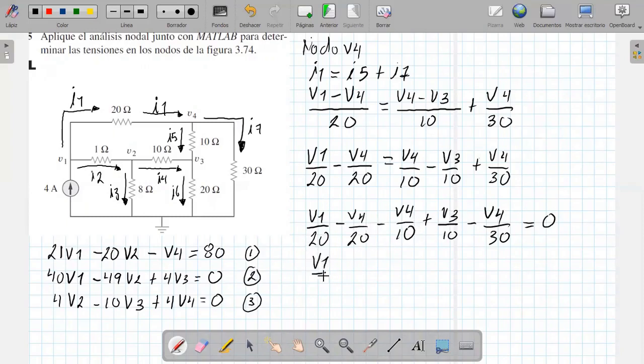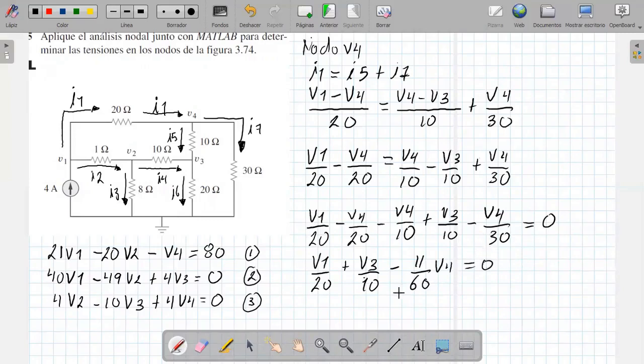Whatever has V1 would be V1 over 20, whatever has V3 would be V3 over 10, and whatever has V4, this one with this one with this one, is going to give me minus 11 over 60 V4.